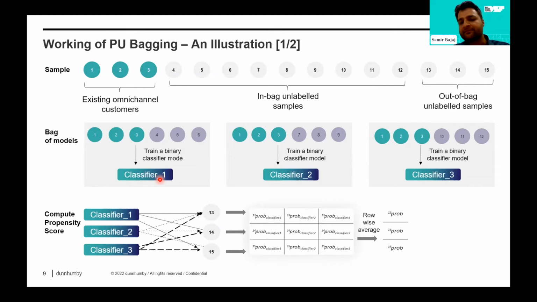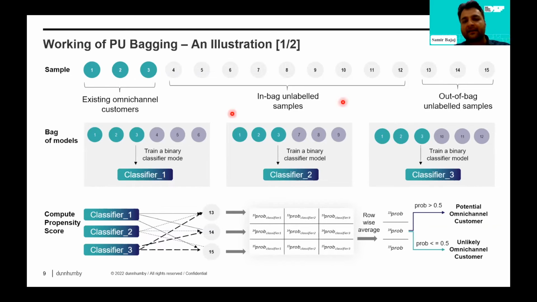Finally, we do a simple row-wise average of those probabilities, and against each out-of-bag sample we get a resultant probability, which will range between 0 and 1, obviously. Here we have taken an arbitrary threshold of 0.5. If a probability is greater than 0.5, it is labeled potential, and if it is less than or equal to 0.5, it is labeled unlikely.